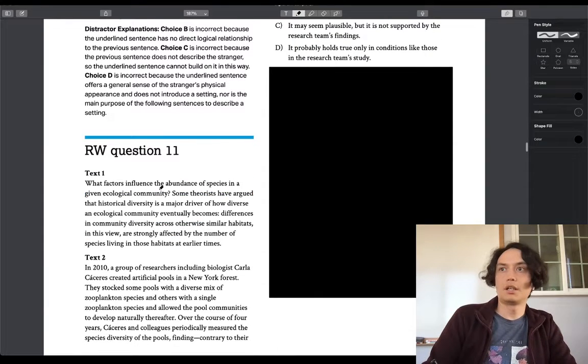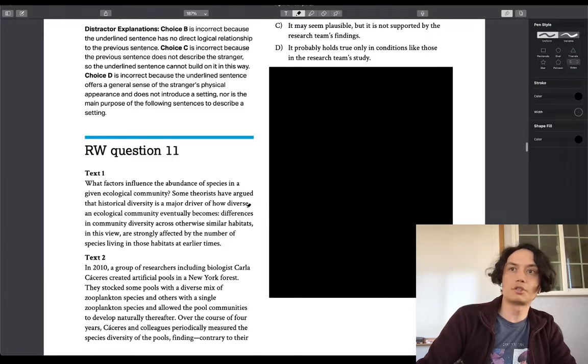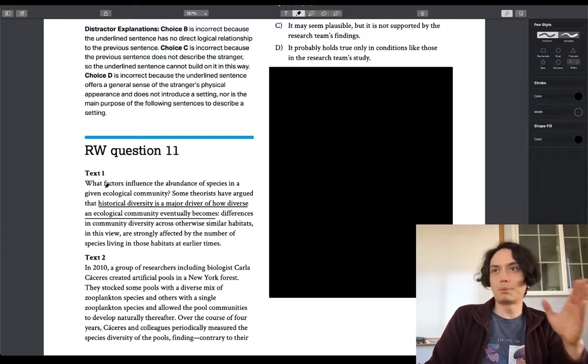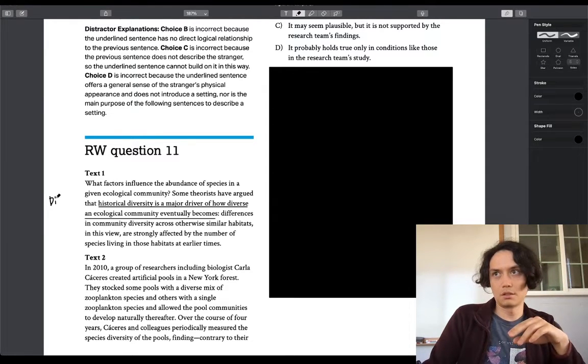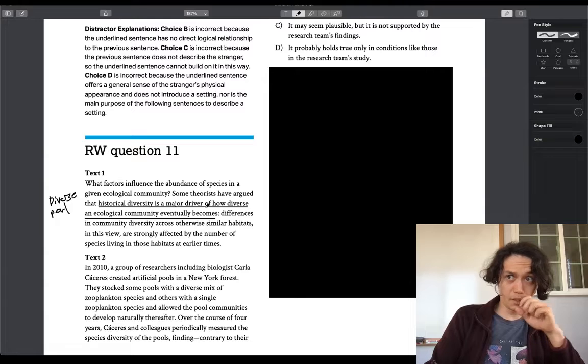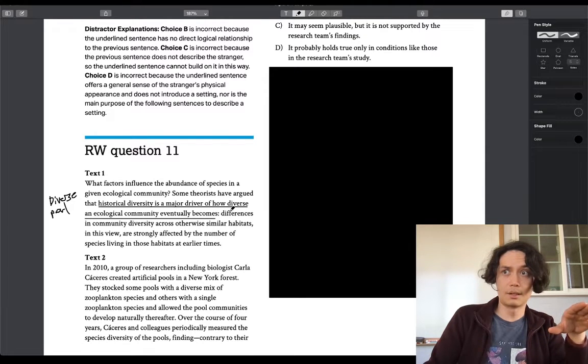Some theorists have argued that historical diversity is a major driver of how diverse an ecological community eventually becomes. Okay, so these people think this is important for us to understand, precisely. These people think if you were diverse in the past, you're going to be diverse later. That's what they think. Differences in community diversity across otherwise similar habitats.